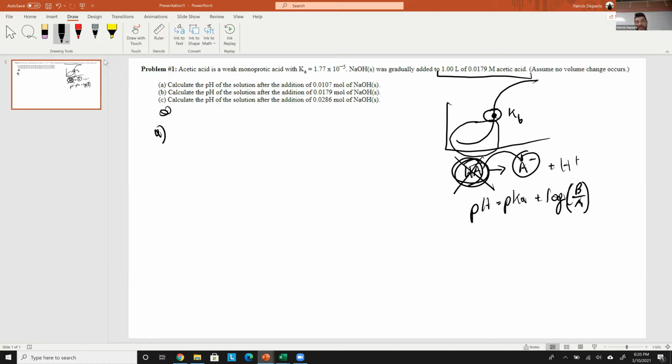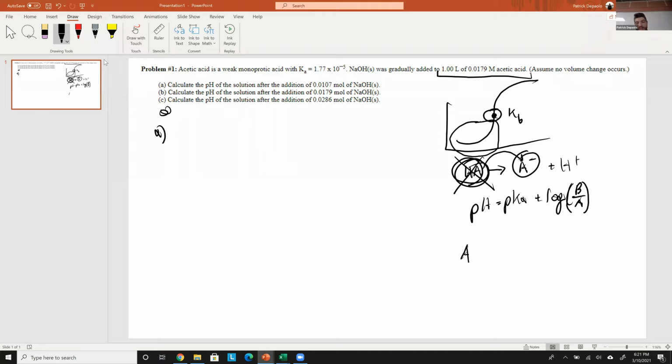So the production of hydroxide ions from the reaction of this conjugate base will be the main determinant of the pH.